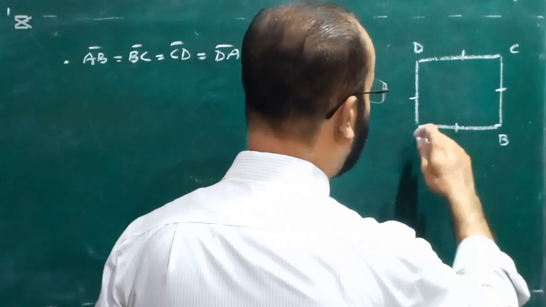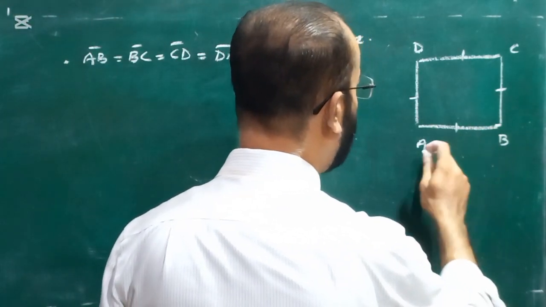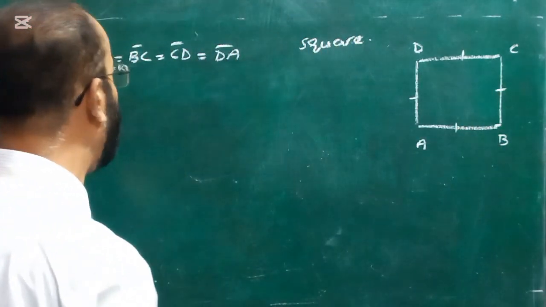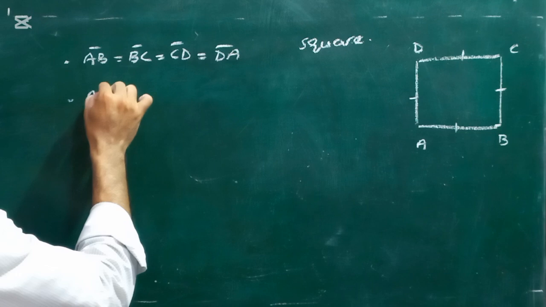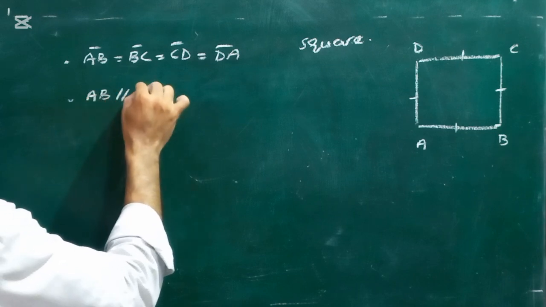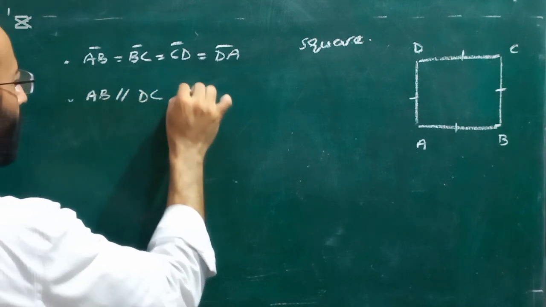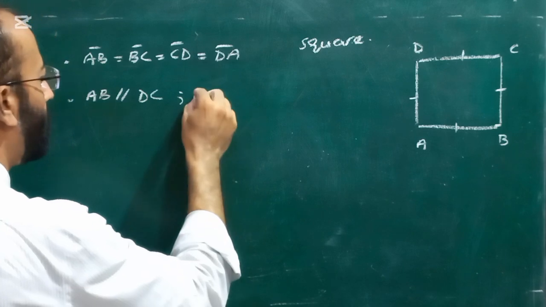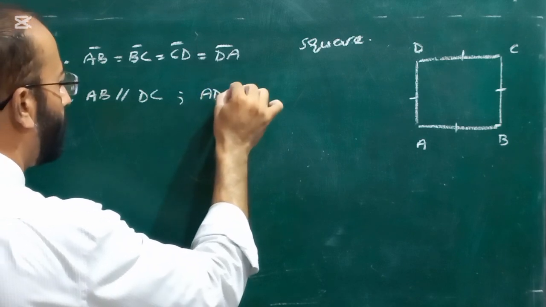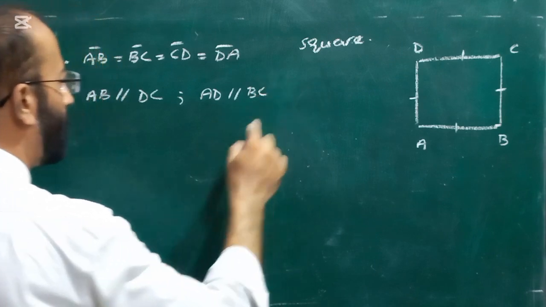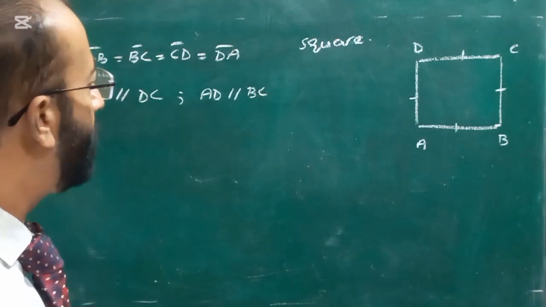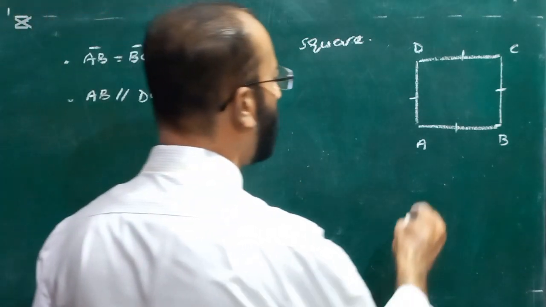Moreover, opposite sides are parallel to each other. It means AB is parallel to DC and AD is parallel to BC. This is another property which is applied in this square figure.